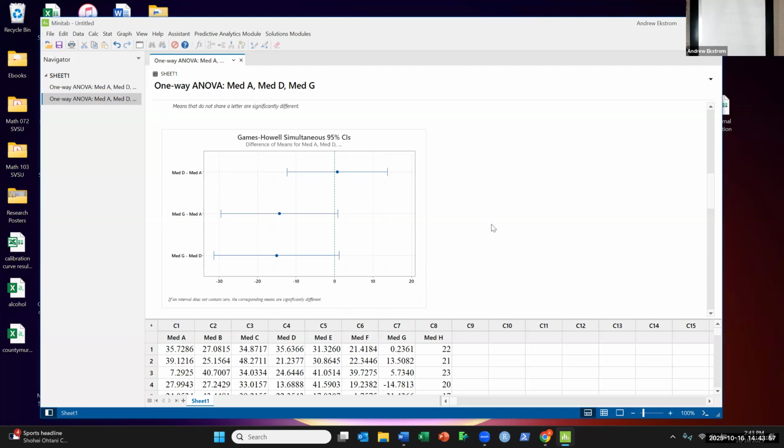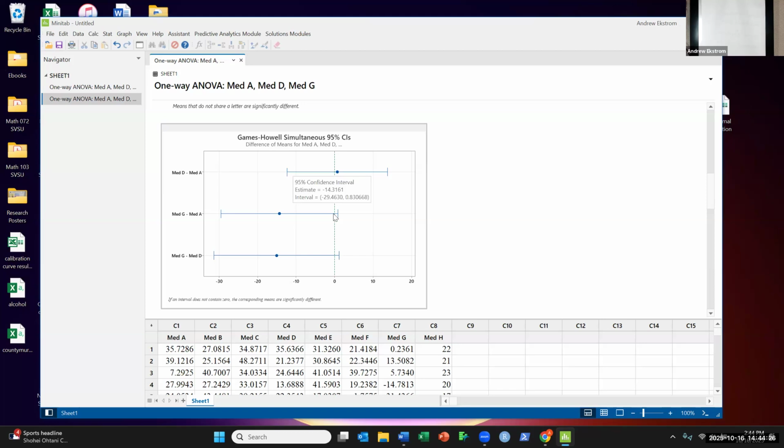And when we look at all the different information here, now these confidence intervals here are pretty much all the same. And they're all saying that these confidence intervals contain 0. If a confidence interval contains 0, it's telling us that we can't say there's a difference between them.